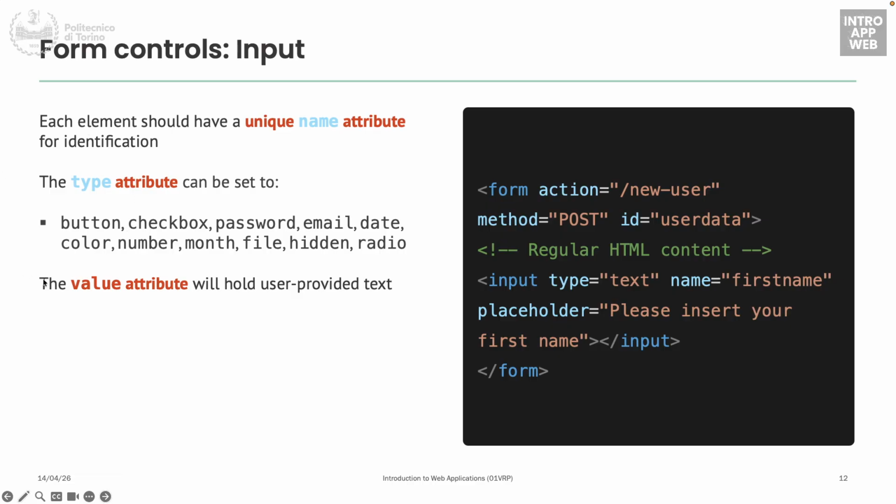Okay, and up to now, as you can see here, we don't have this value attribute anywhere, but just remember that there is this value that is the one that will help us to reference the elements that were submitted in the form, or the information that the user has input on the specific elements of the form.